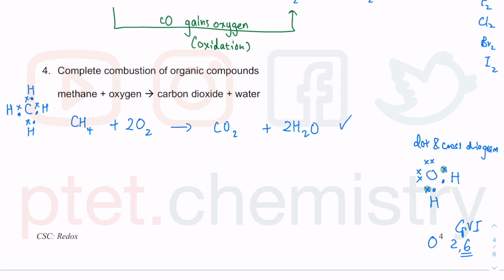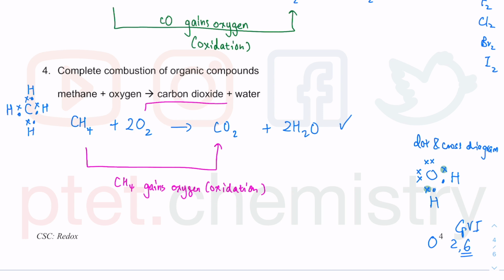Now this is balanced. We're going to look at oxidation and reduction. So what happened is the CH4 gains oxygen, and gain of oxygen is what you call oxidation. But why is it redox? The redox happens because you have oxidation and also reduction.